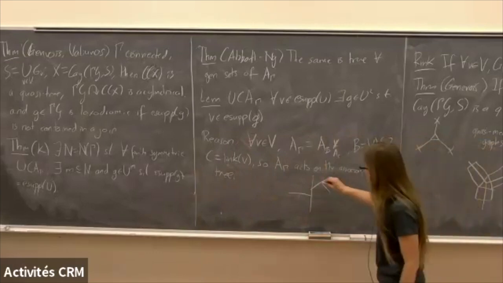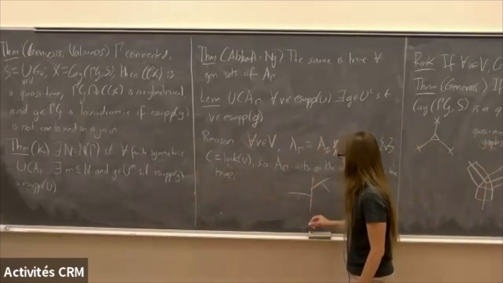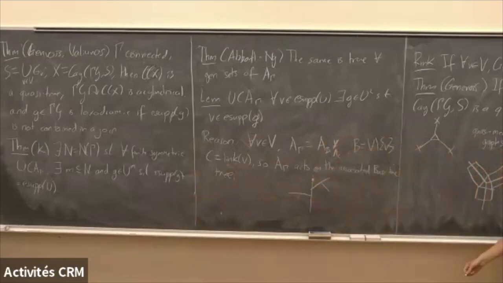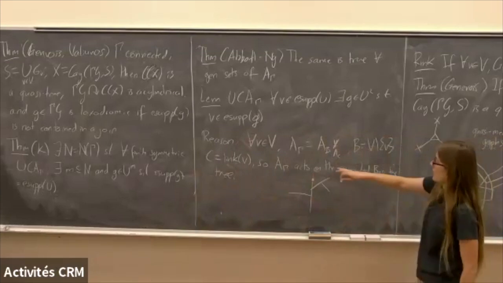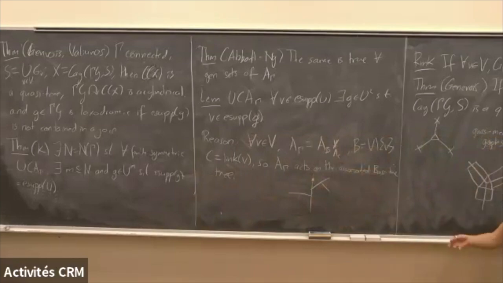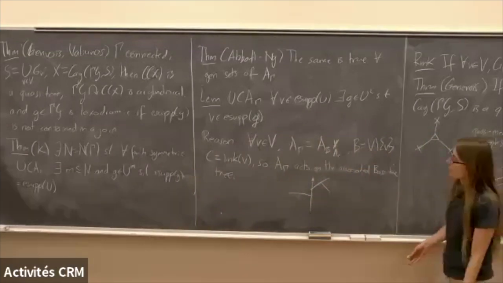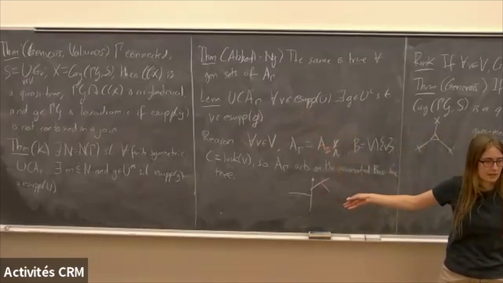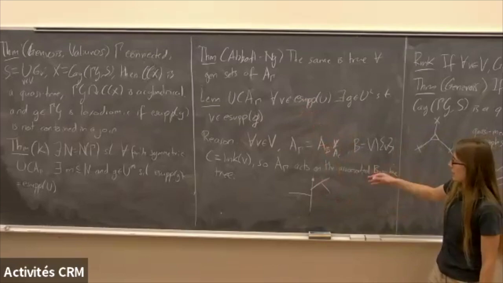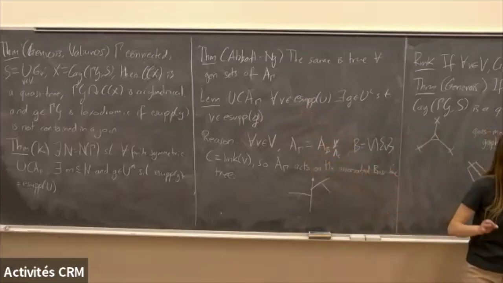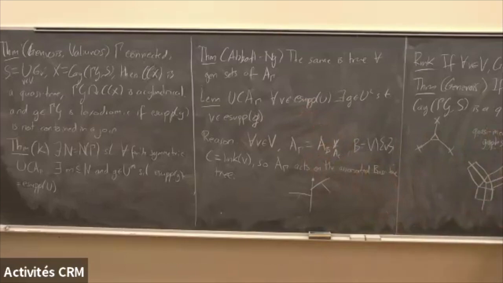Secondly, the stabilizer of a vertex is going to be a conjugate of this B. So an initial observation is that the group generated by U can't stabilize a vertex here, because that would mean that it's conjugate into this, but this would contradict the fact that it has the vertex in its support. This is a result of Antolín and Minasyan.